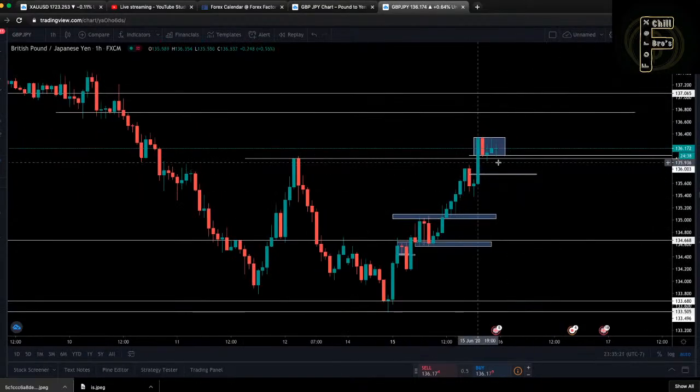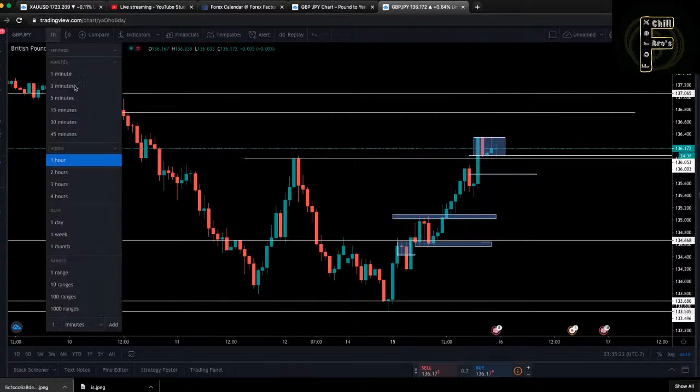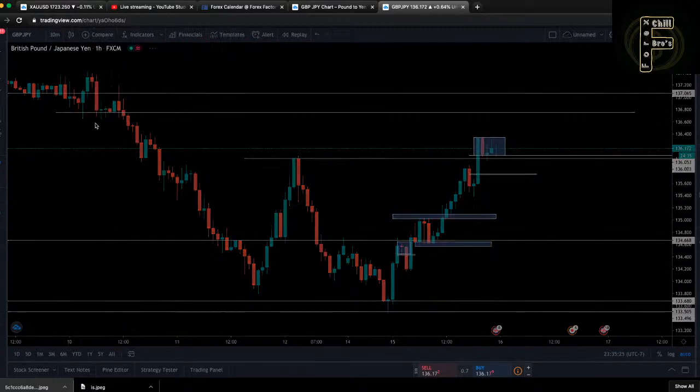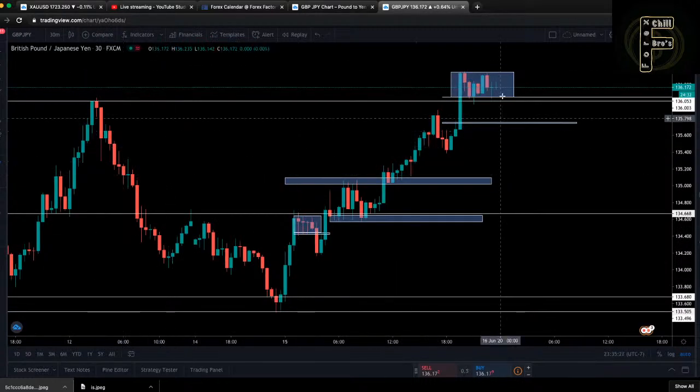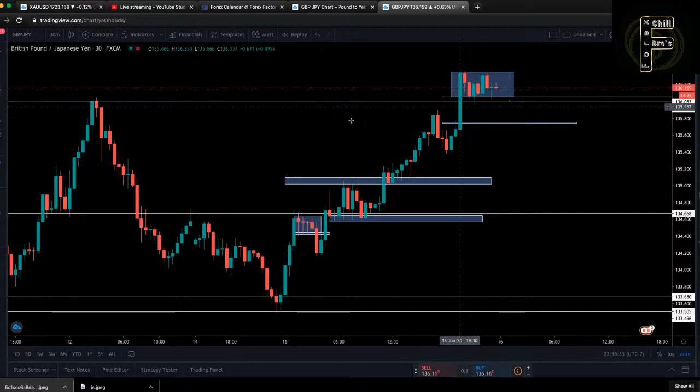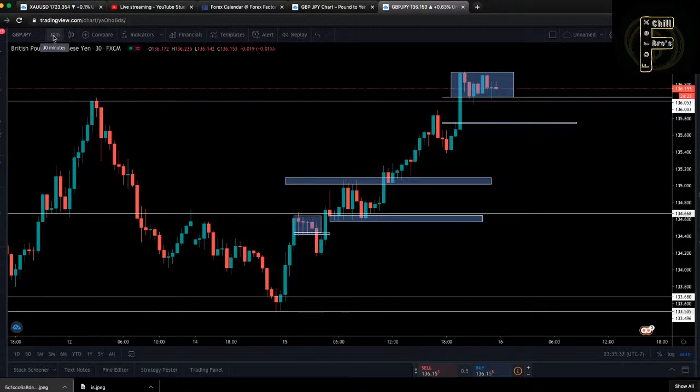GJ is playing with us in a range, in a deadly range. Anytime price is like this, just know there's going to be a solid push to the upside or to the downside. You just need to anticipate which side it is, then execute.